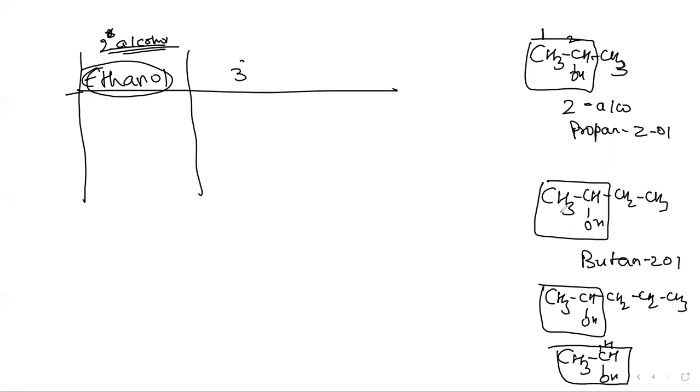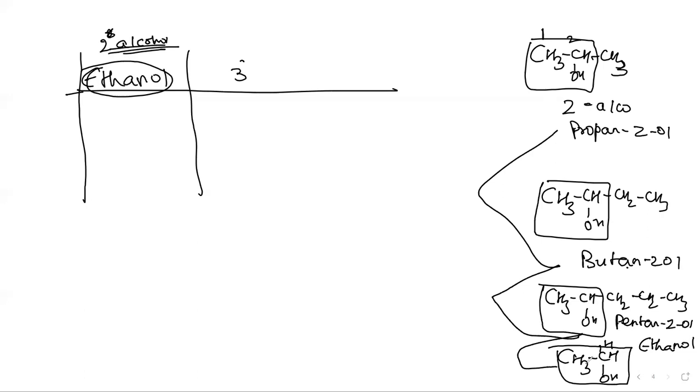So in all of them, what is the common feature? Note down all these alcohols: ethanol, pentan-2-ol, butan-2-ol, propan-2-ol. All these alcohols have the CH3, CHOH bond.